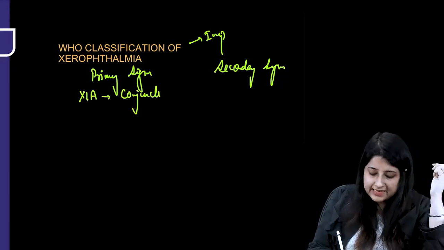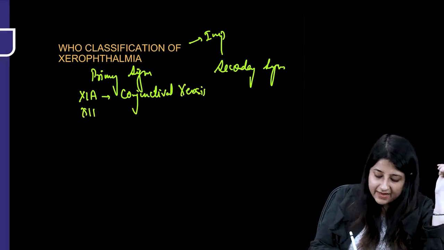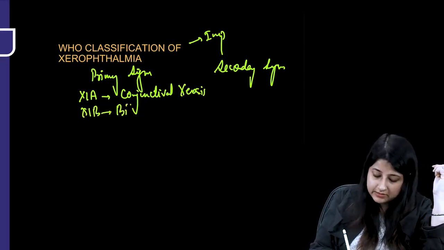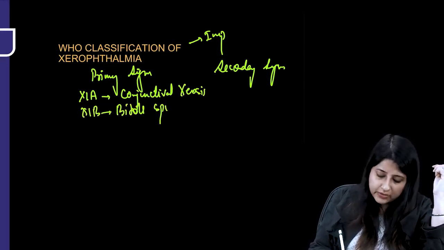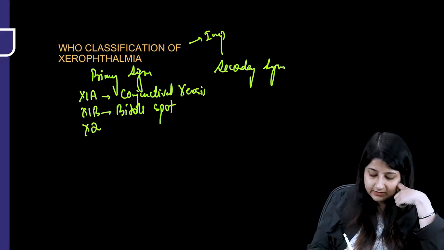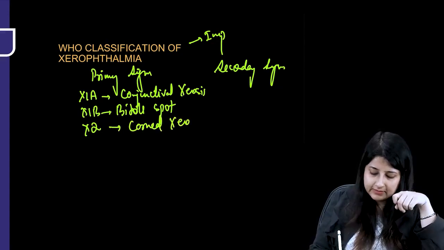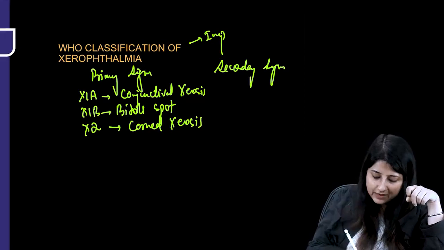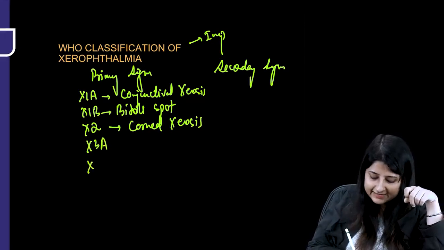What are the primary signs? X1A, which is conjunctival xerosis. Then we have X1B, B for Bitot spot. Then we have X2, which is corneal xerosis. Then we have X3A and X3B.